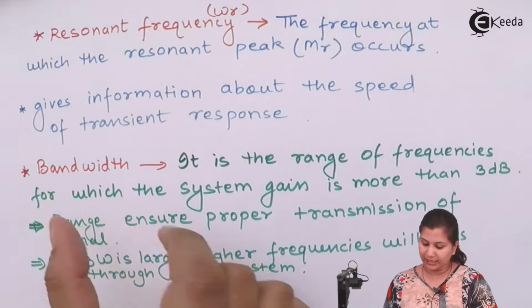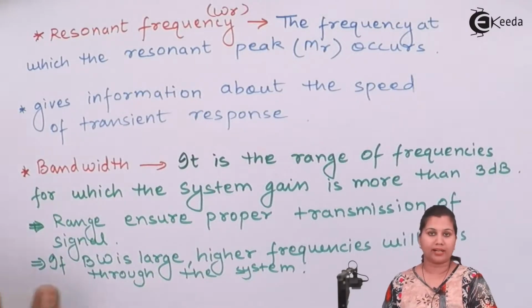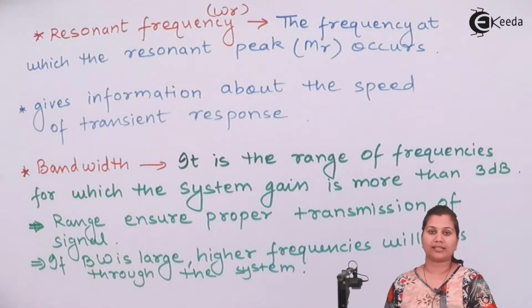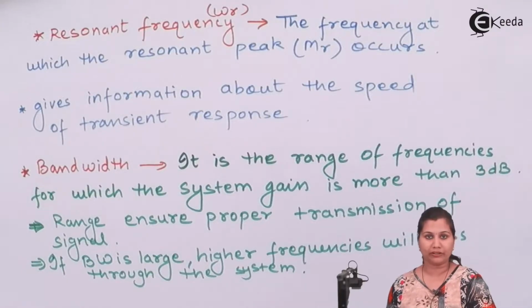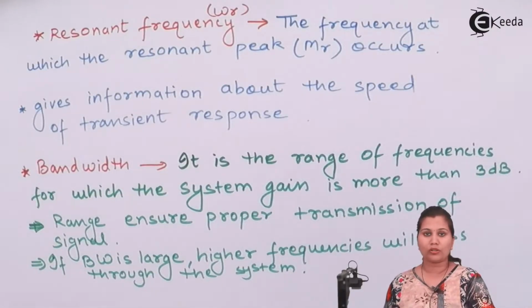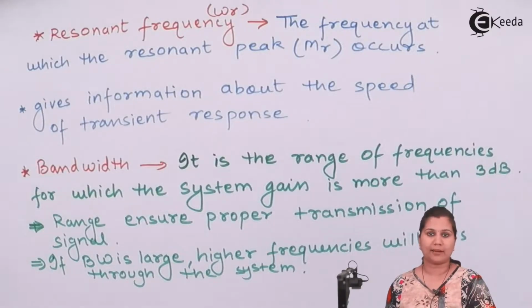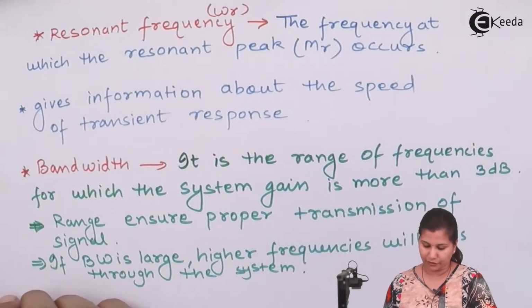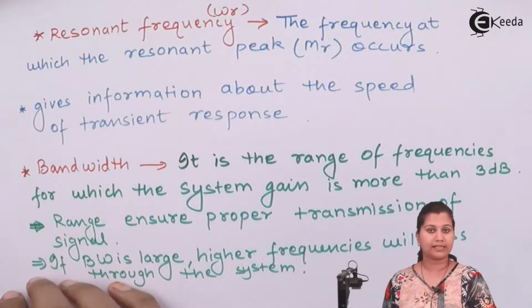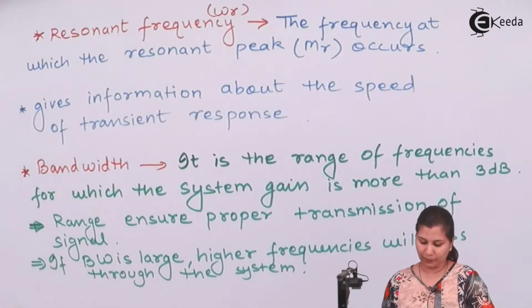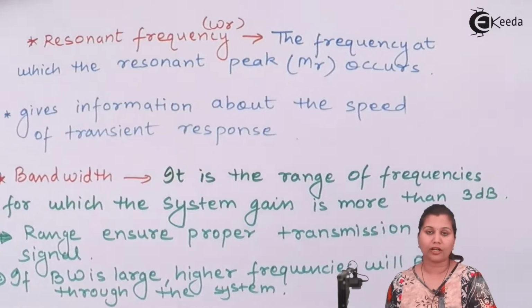So bandwidth ensures that the signal is properly transmitted, and if the bandwidth is large, it also indicates that the rise time is fast. So this is the third design specification in the frequency domain. Next we have cutoff rate.